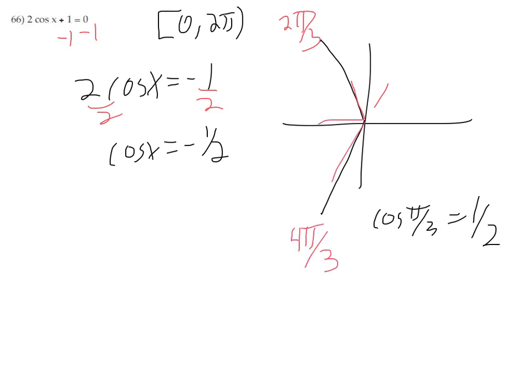Now how many times do you need to go around the circle? Just once. Because this is just cosine 1x. So we're done. We don't have to go twice around the circle or any more, because it's x equals 2 pi thirds, comma 4 pi thirds.